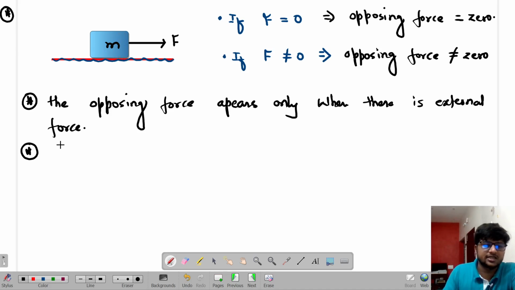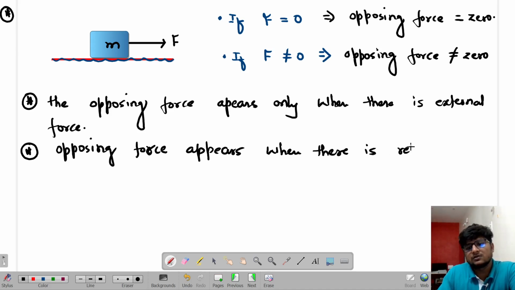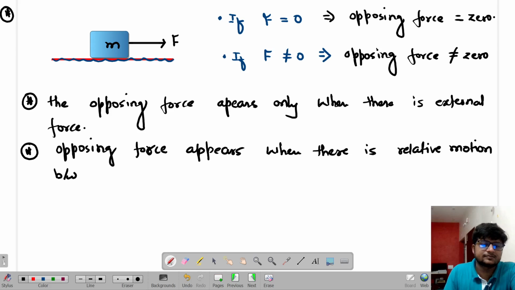Another way of saying it: this opposing force appears when there is relative motion between the contacts.